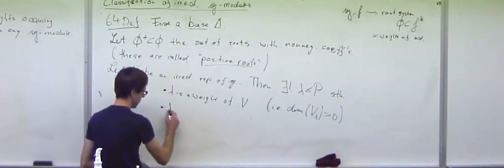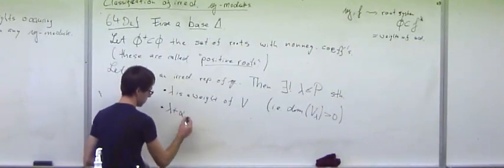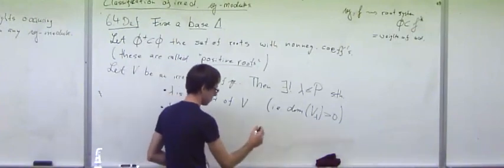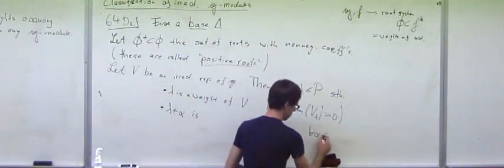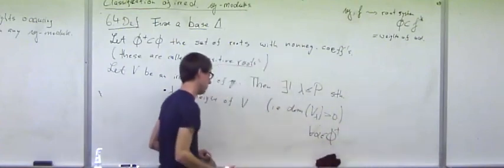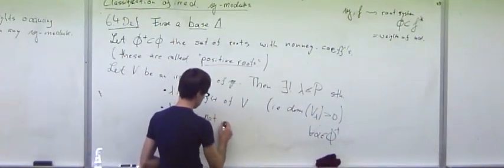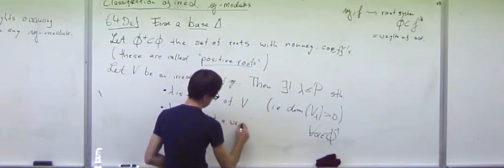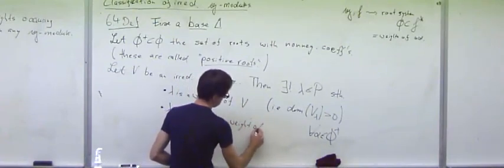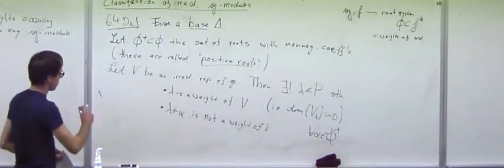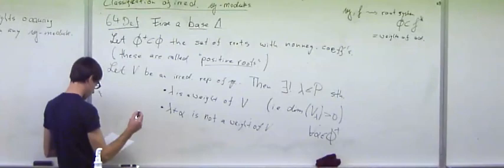But if I add any positive root, then I don't get a weight. So for all positive roots alpha, lambda plus alpha is not a weight anymore. And again, by definition, this lambda is called the highest weight.